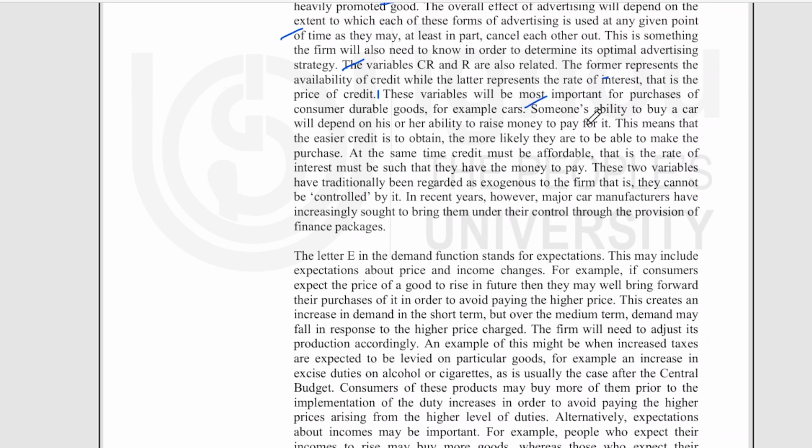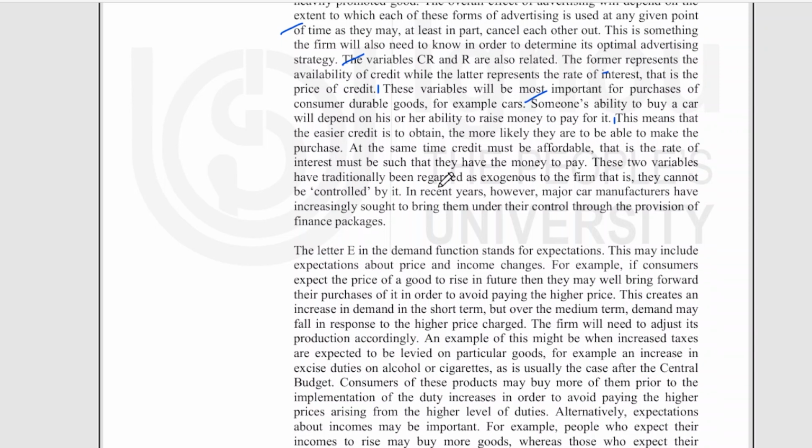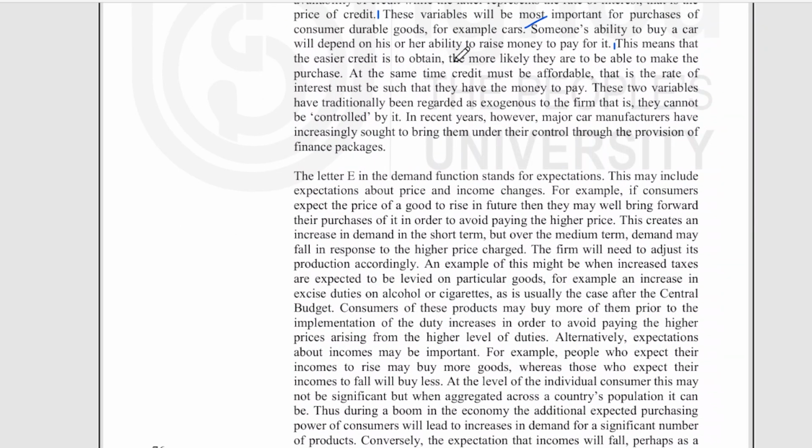Someone's ability to buy a car will depend on his or her ability to raise money to pay for it. And this means that the easier credit is to obtain, the more likely they are to be able to make the purchase. At the same time, credit must be affordable, that is, the rate of interest must be such that they have the money to pay.